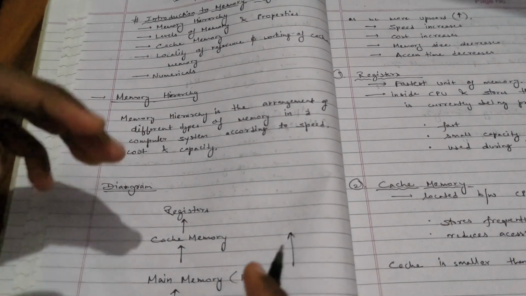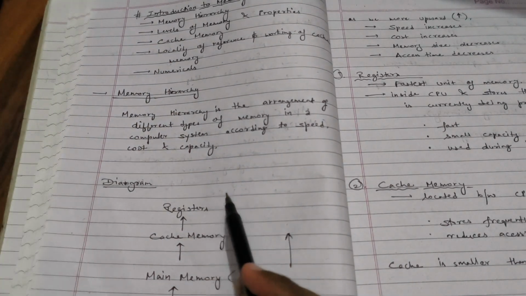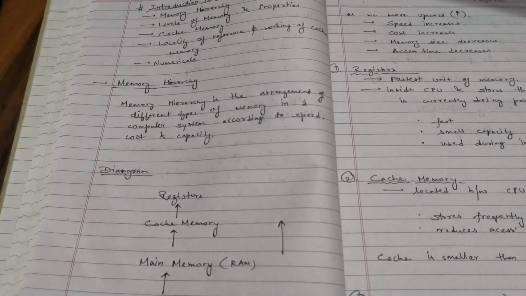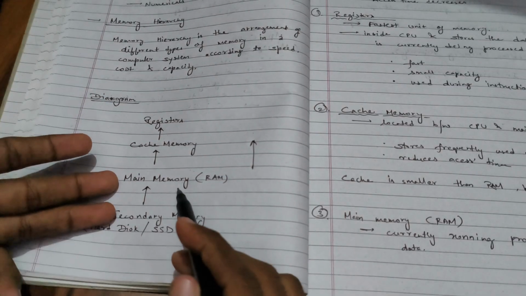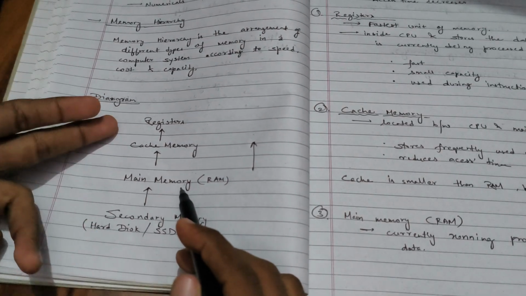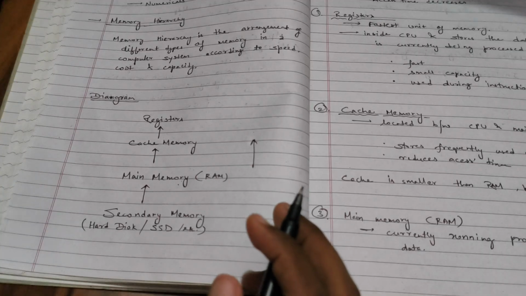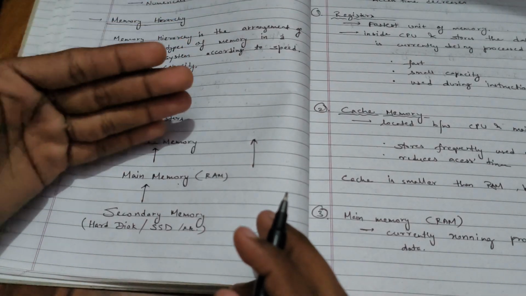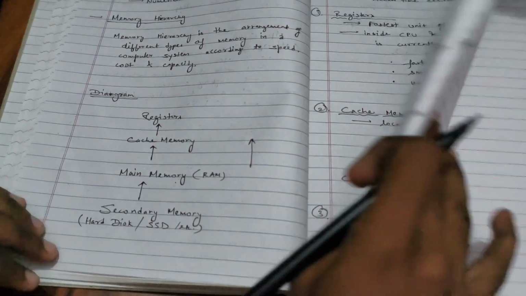It means that if some chunk of data is present in a register, it must always be present in the cache memory, the main memory, as well as the secondary memory. However, data present in main memory, for example, need not be present in cache memory. It may or may not be. But if we are at a higher level, that piece of data must always be present in the lower level as well.